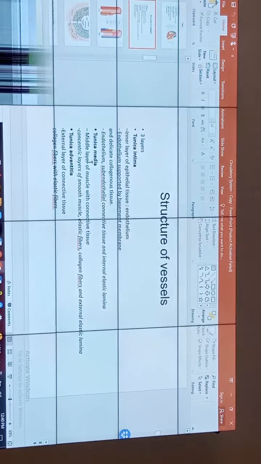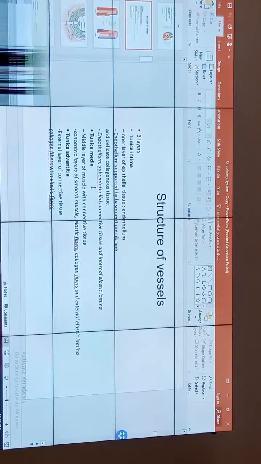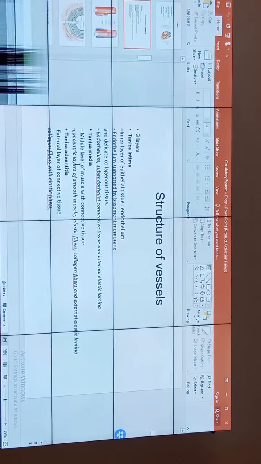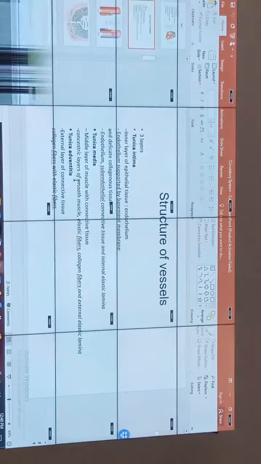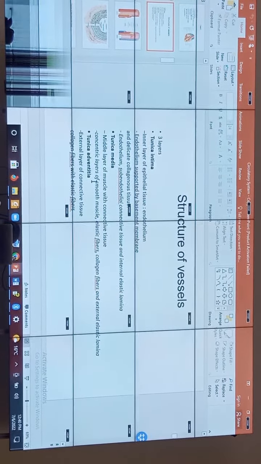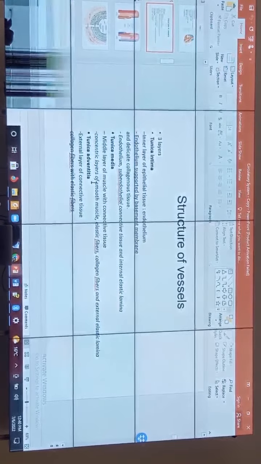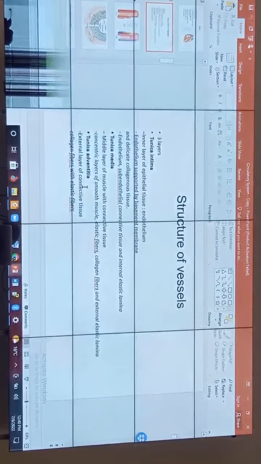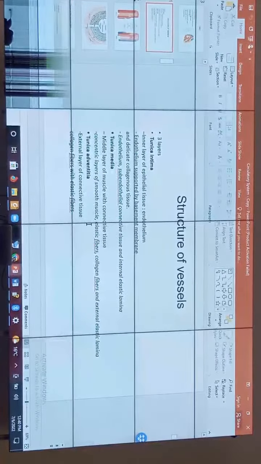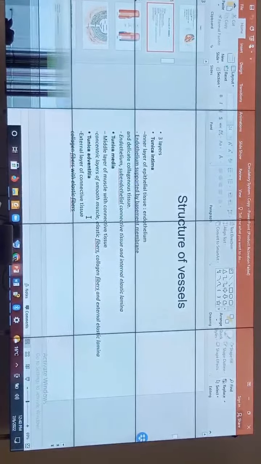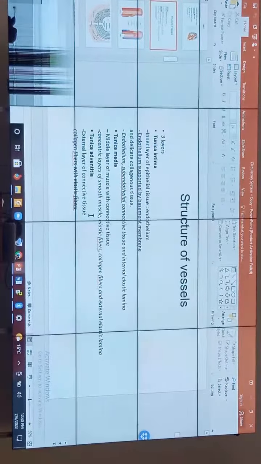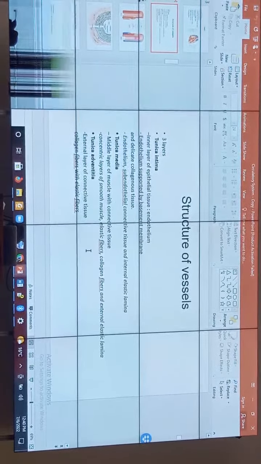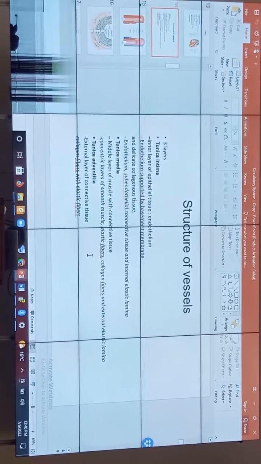Now, depending on the type of vessels you are talking about, mostly in arteries, the tunica media will have an additional rich supply of elastic fibers as well, alternating with smooth muscle cells. In some vessels, surrounding the smooth muscles in the tunica media will be the external elastic lamina.